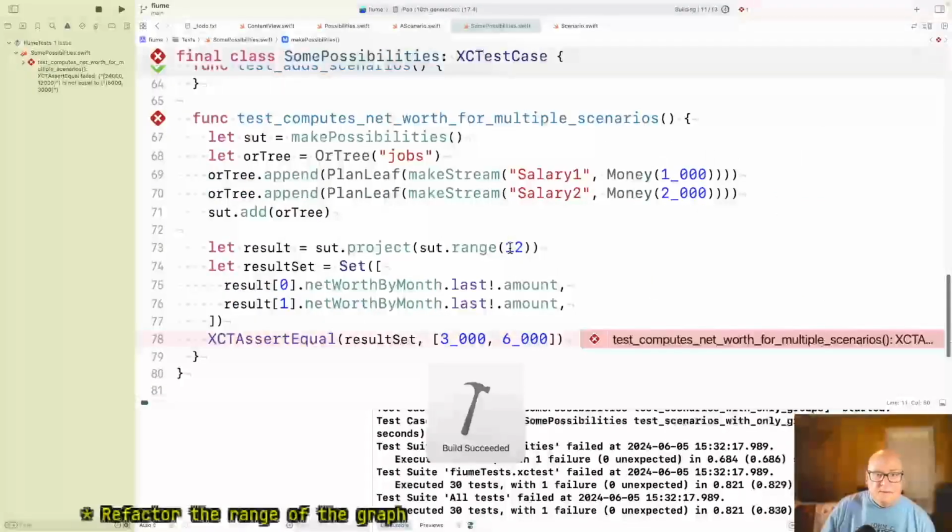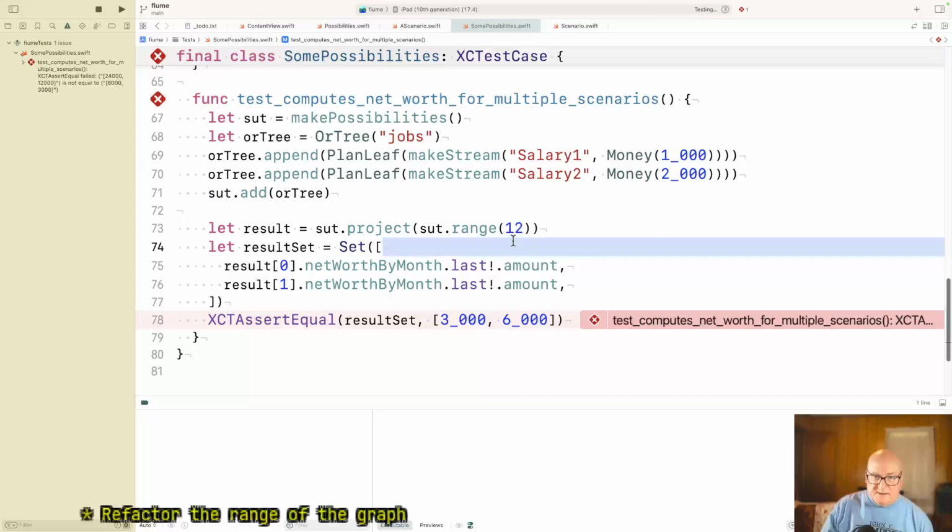Okay. Oh, that does make sense to the data, doesn't it?